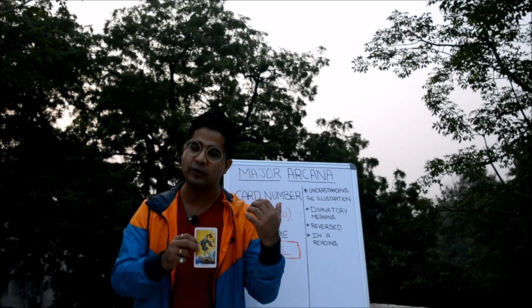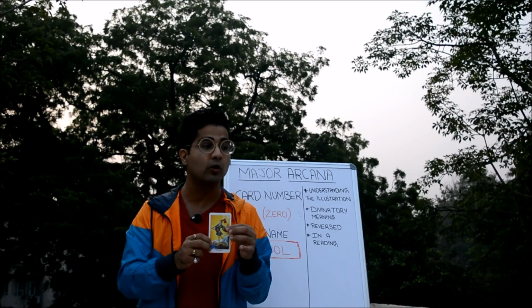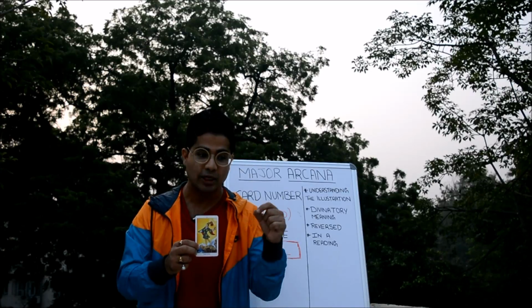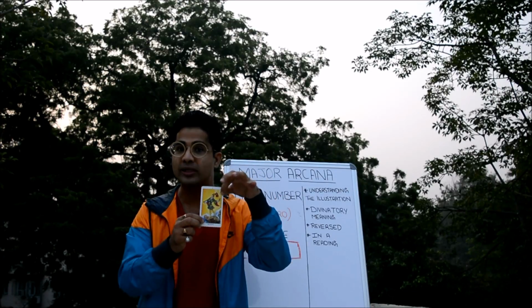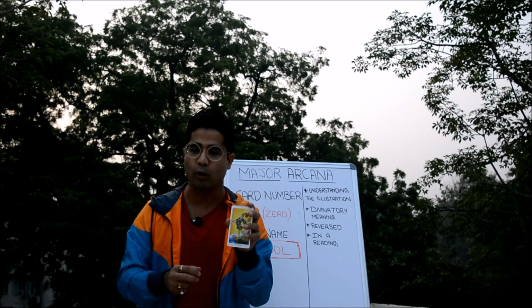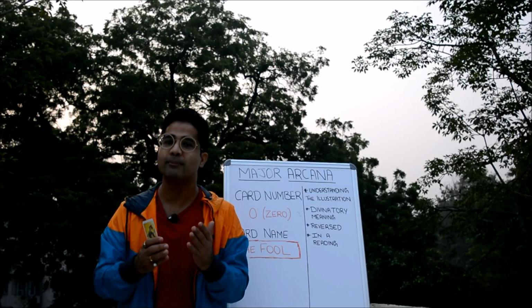He doesn't know which way to go, what to do. But the best part is this card also tells about the unlimited potential, limitless possibilities which each moment possesses. So this is how we can relate to this card. This card is the very first card of the major arcana, which is very important. So I hope I made myself very clear in this discussion on the major arcana cards.